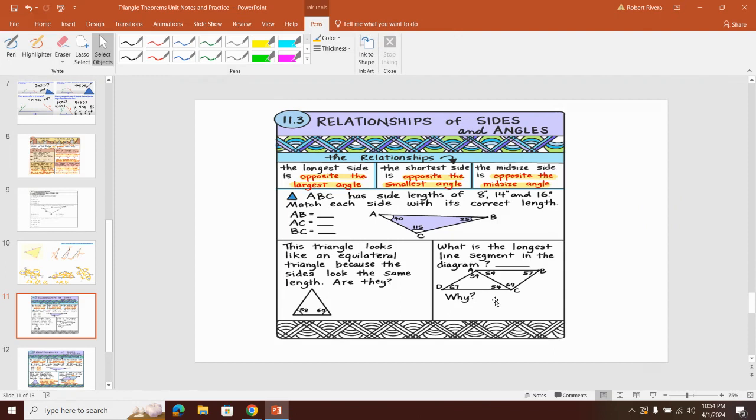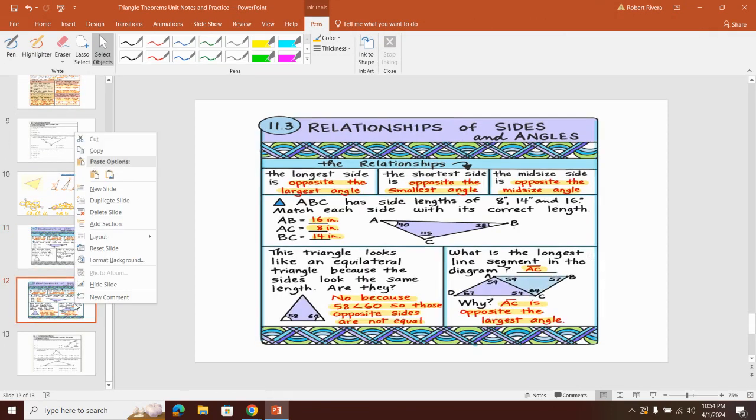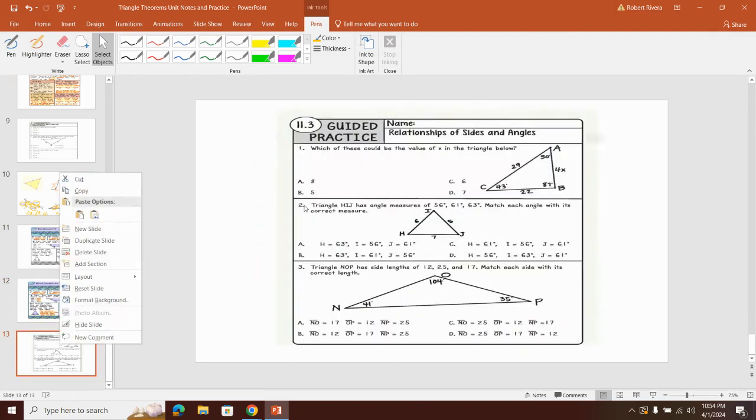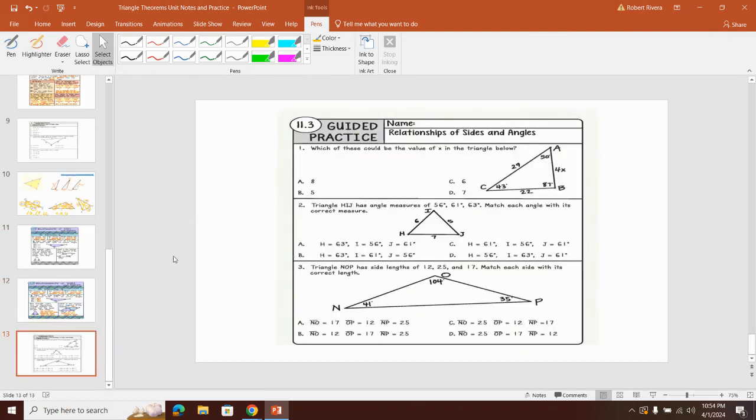And then here we got all the angles inside, so they want to know who would be the longest side in this diagram. Okay. Again, all the answers are there. And then we have some that you can try by yourself. Okay.